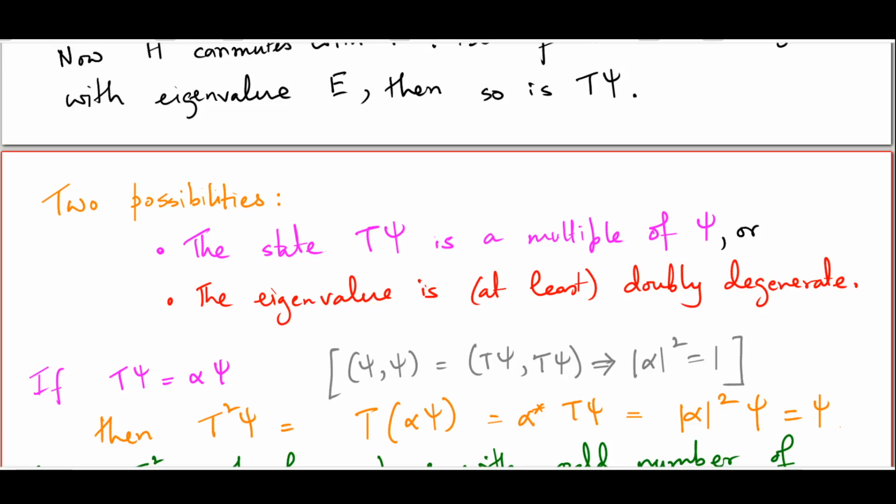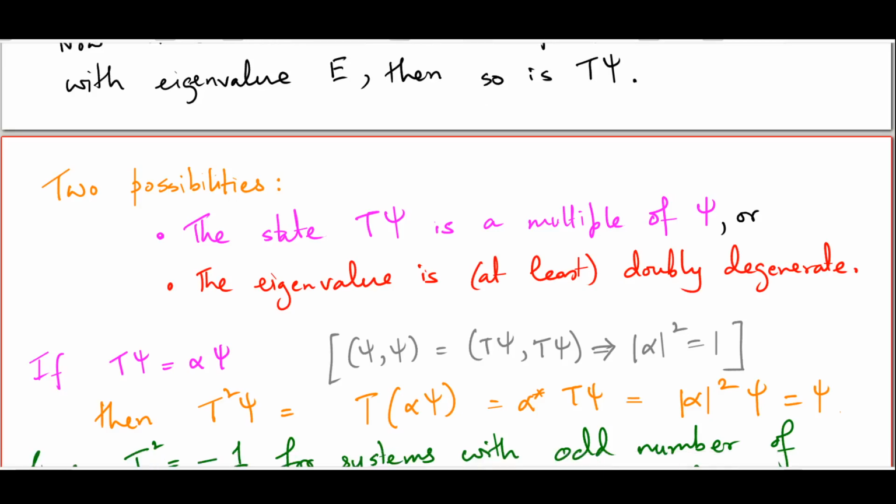But then, T squared acting on psi will be T acting on alpha psi. Antilinearity of T means the alpha will come out with a complex conjugation, alpha star T psi, and T psi will of course be alpha psi again, so you get mod alpha squared psi. And since alpha, as we just concluded, is a pure phase, this must be equal to psi.